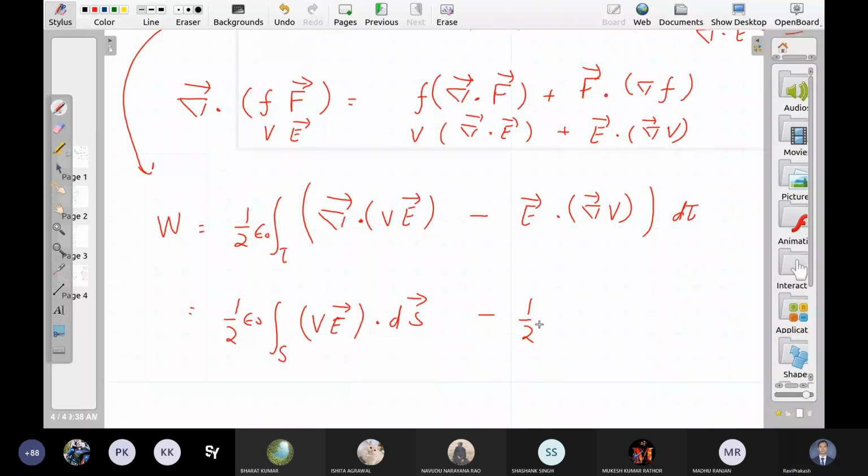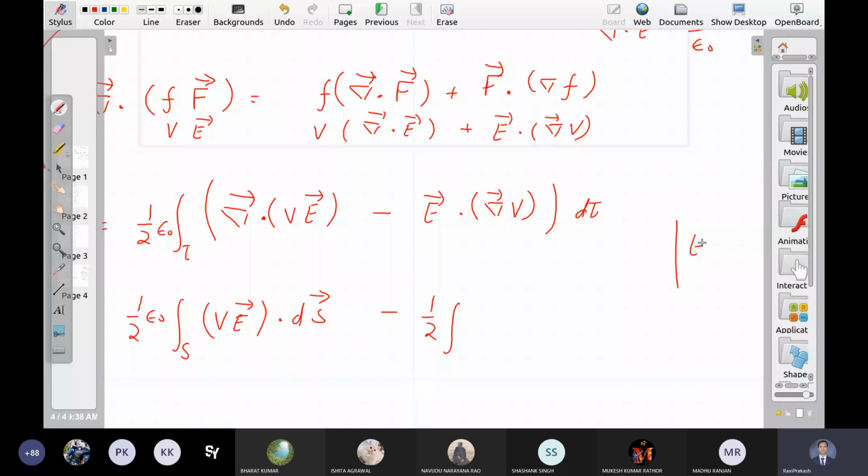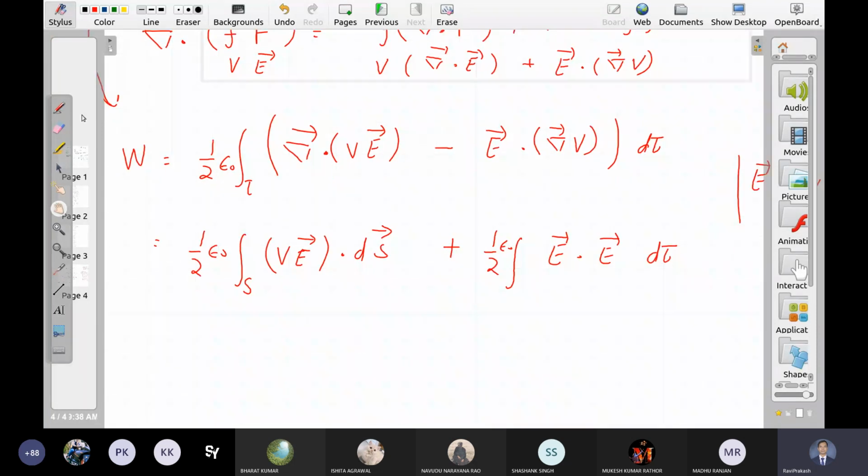What is del V? So electric field, you know, is minus of gradient of potential. So we get positive sign here. Epsilon naught is already there. Vector E dot vector E d tau. So this is the answer, right? How much is the energy stored?